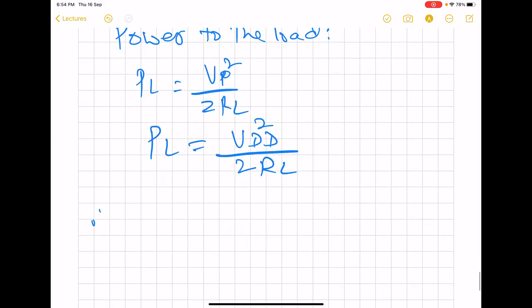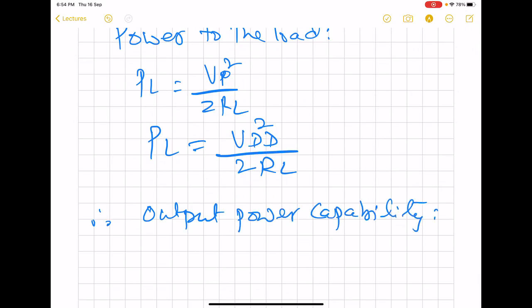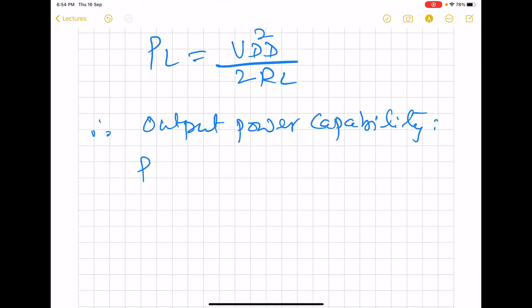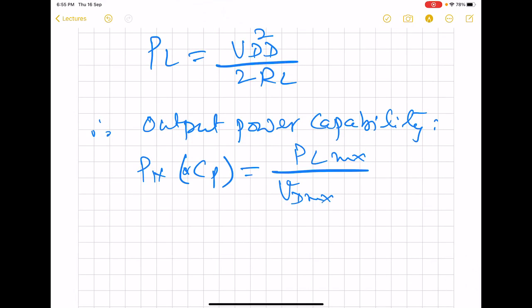Now, therefore, the output power capability, which earlier we designated as PN, but sometimes it is also designated as CP, is PRF or PL maximum divided by the maximum voltage stress, this VD max and ID max.